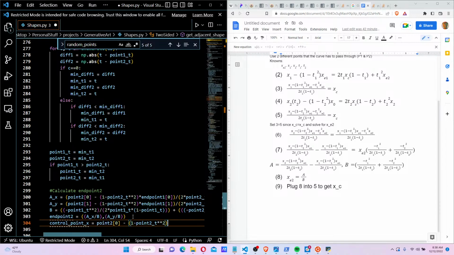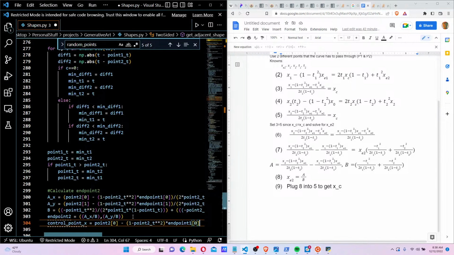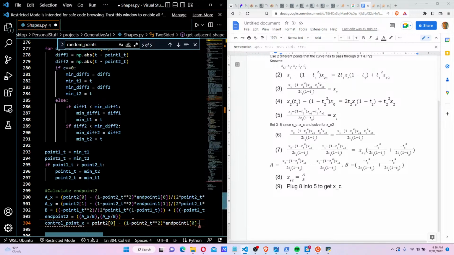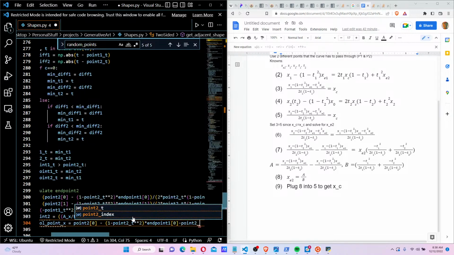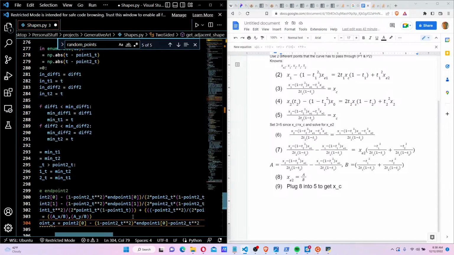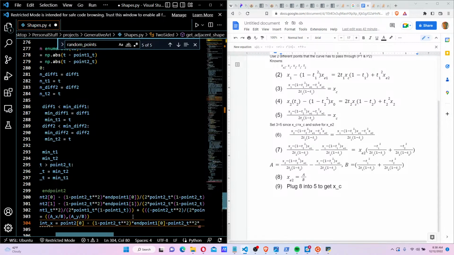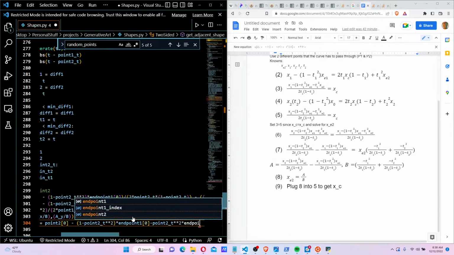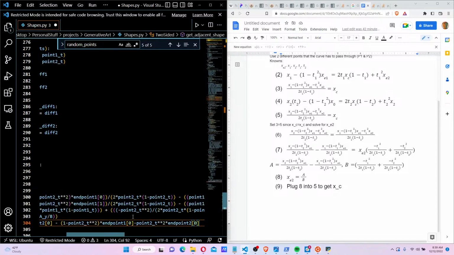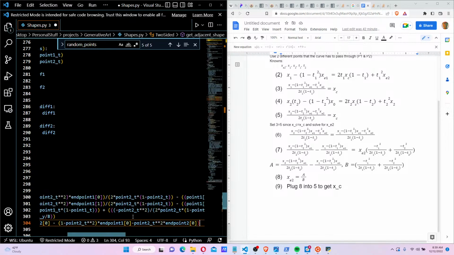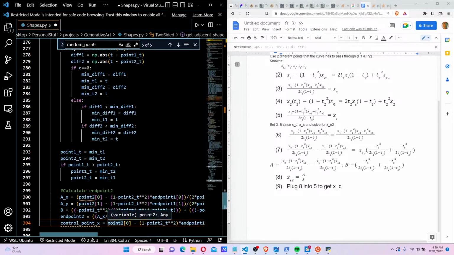Okay, and then outside the parentheses times endpoint 1 of 0 to get the x value, and then minus t2, so 0.2t quantity squared, and then times endpoint 2, the x value of endpoint 2. Okay. Minus 2, yeah, t2 squared.